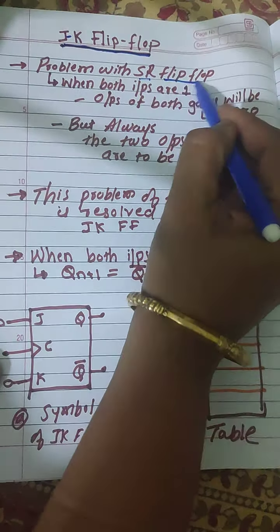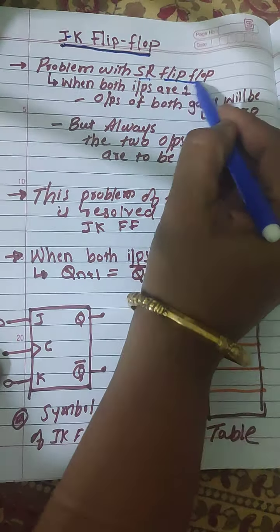The speciality of the JK flip-flop is that we don't have the forbidden state. When the forbidden state was appearing, when both the inputs were 1 and 1, that is not going to happen in our JK flip-flop.